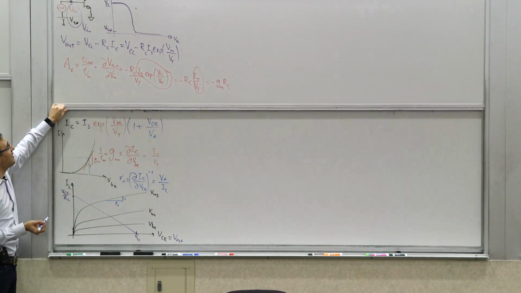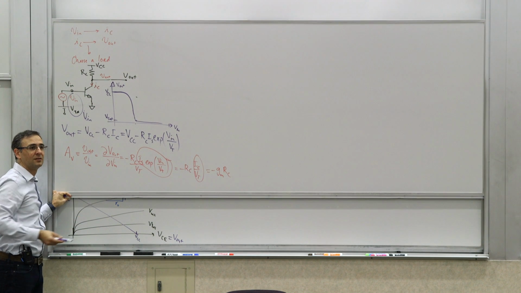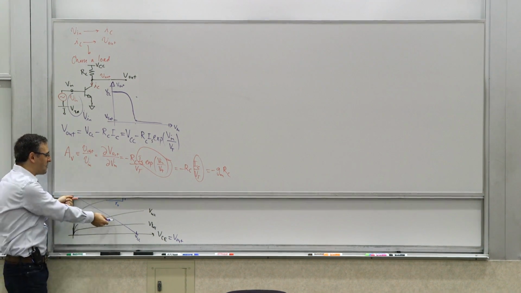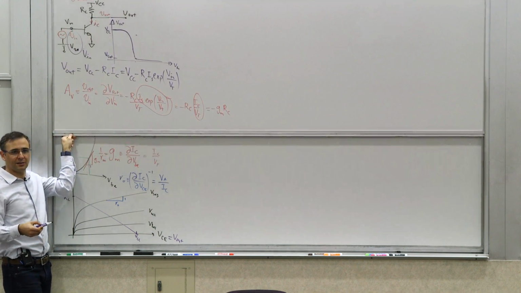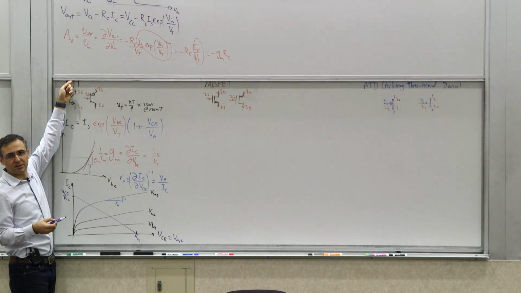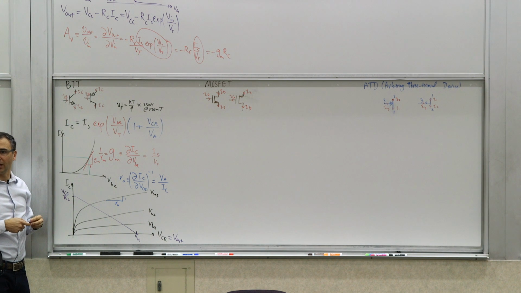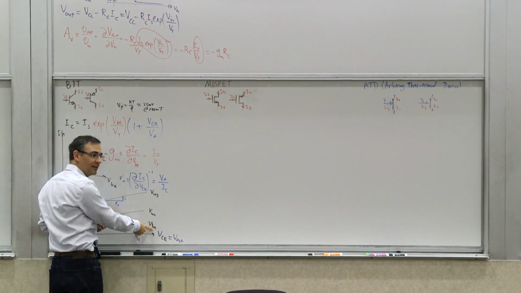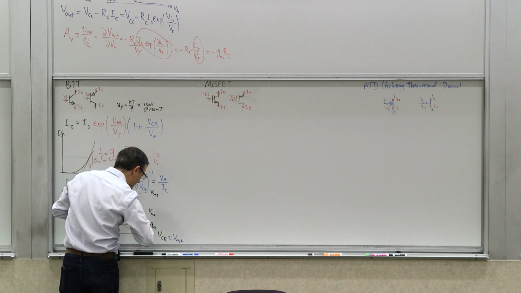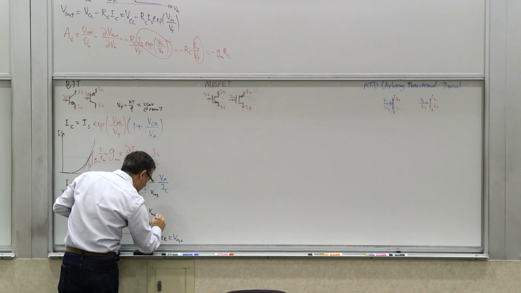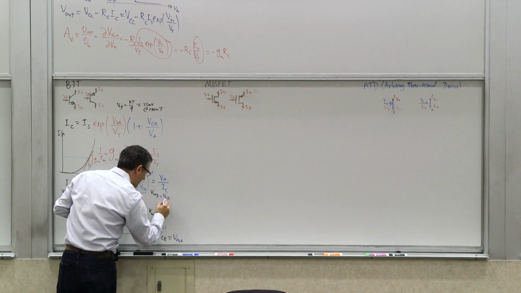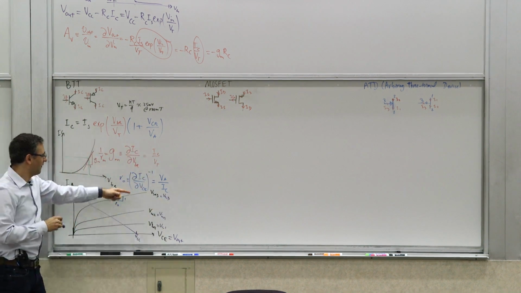And why is it a straight line? Because this is a linear resistor. The choice of our load determines the shape and properties of this load line. And as you can see, for different kinds of loads, we have different load lines. So now what's happening? This VBE is V in. So this is really your V in, right? V in 1, V in 2, V in 3.